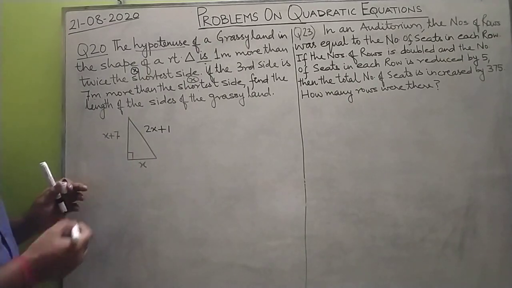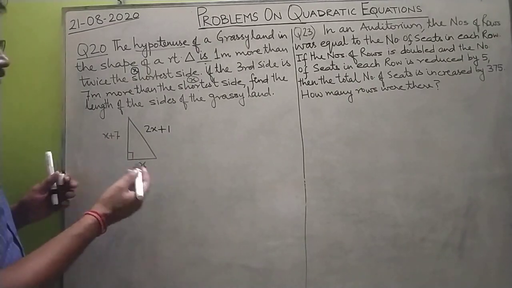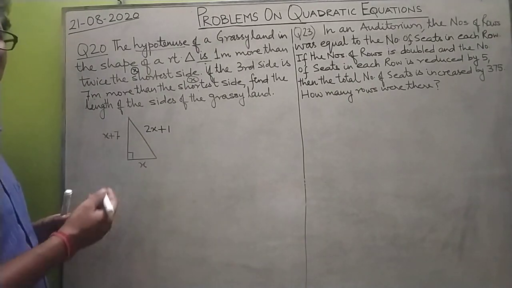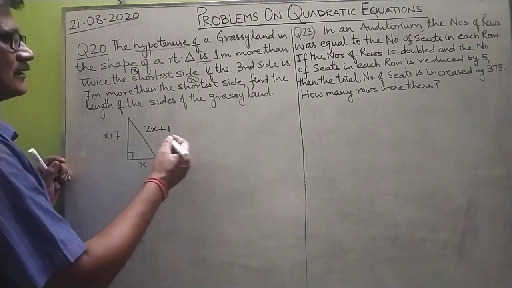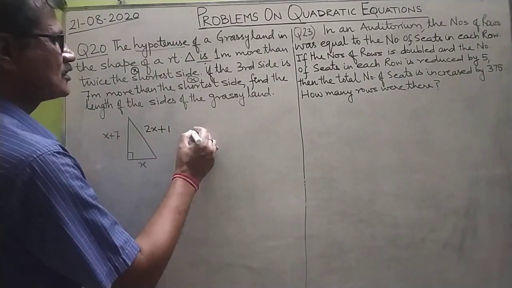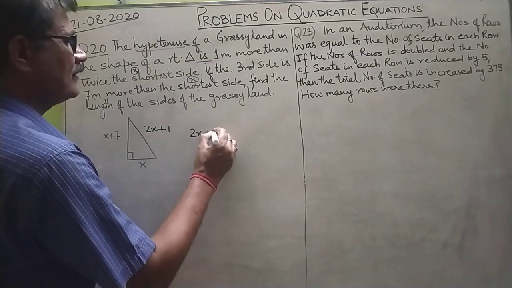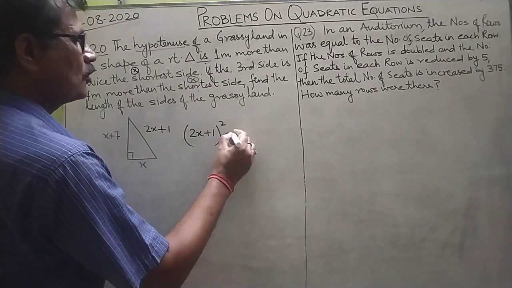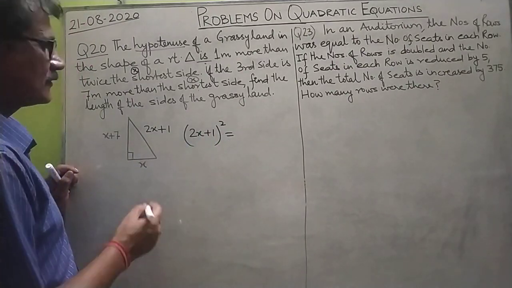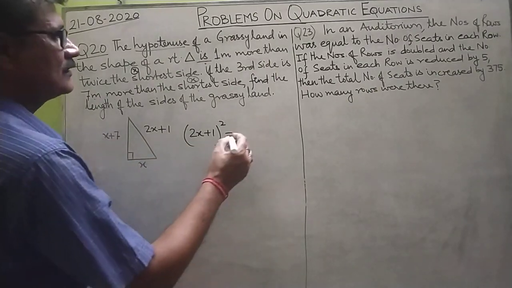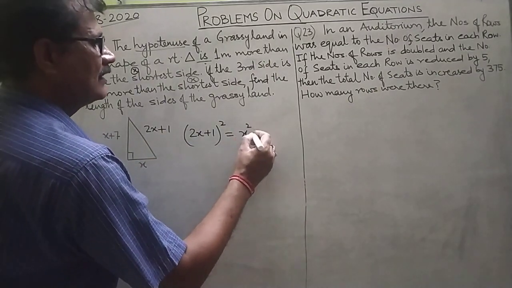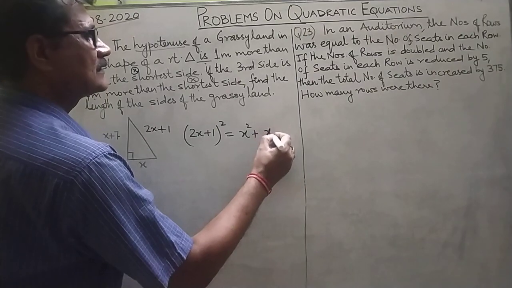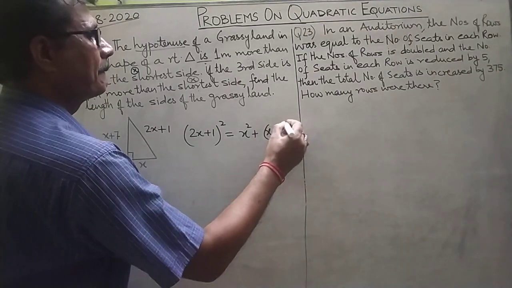So now you know the three sides of the right angle triangle, and you know the Pythagoras theorem is applicable. According to the Pythagoras theorem, we get the quadratic equation, which is (2x plus 1) whole square. The hypotenuse square will be equal to the sum of squares of the other two sides. And the other two sides are the shortest side, x, and the third side, x plus 7 whole square.